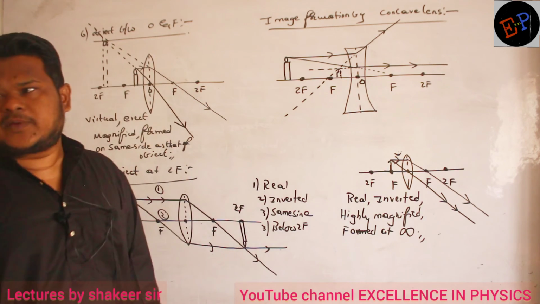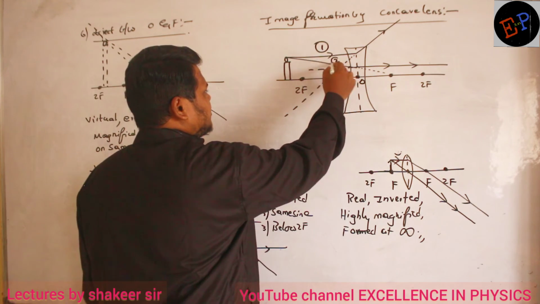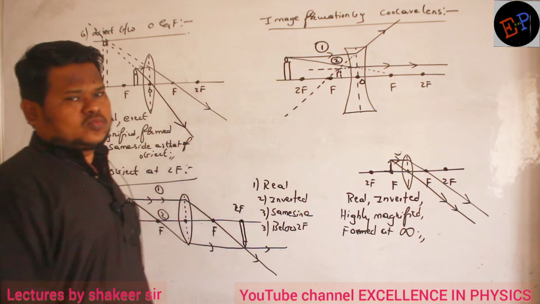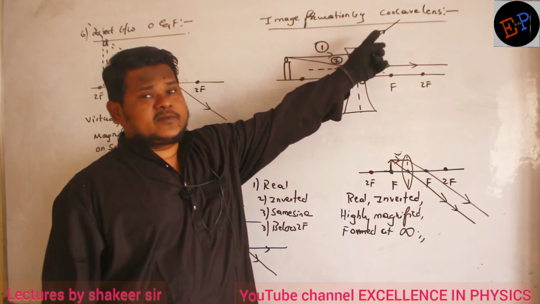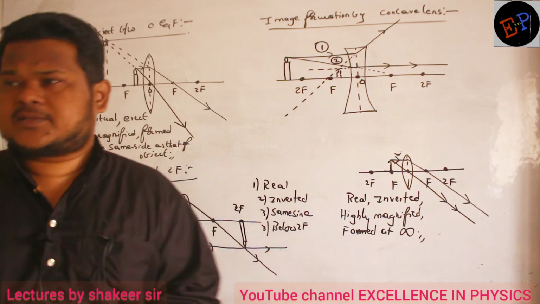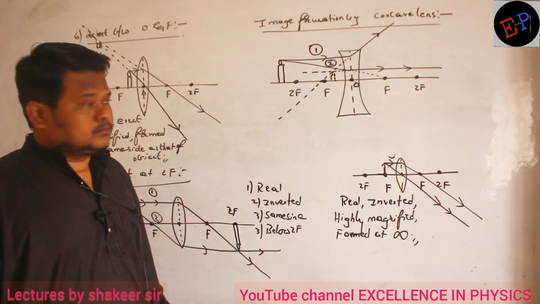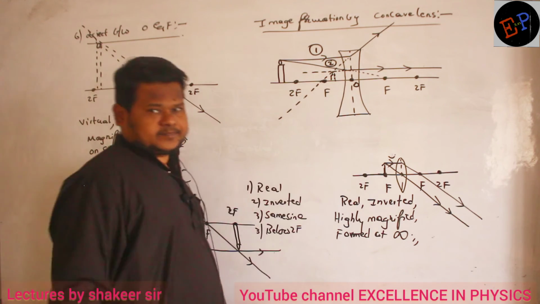Are you able to understand how we have drawn the light rays? So this is representative ray number 1 and this is representative ray number 2. Light rays passing parallel to the principal axis after refraction should pass through the focus, which is the extended light rays. Clear now? Optical center and focus.